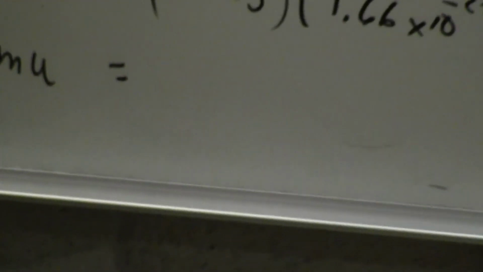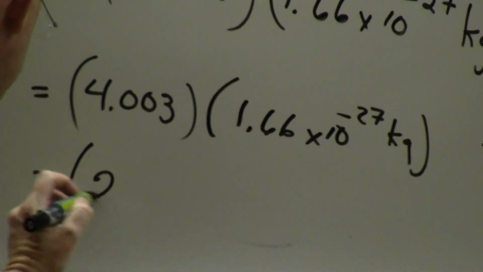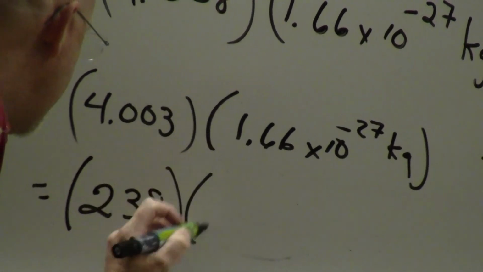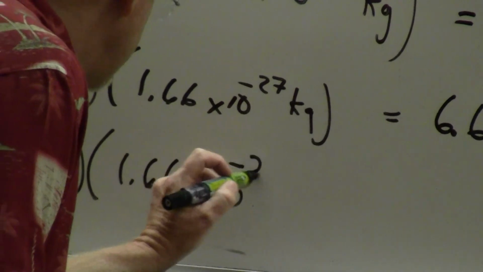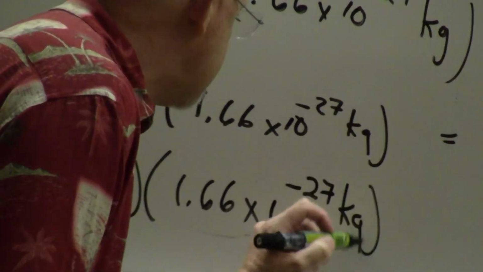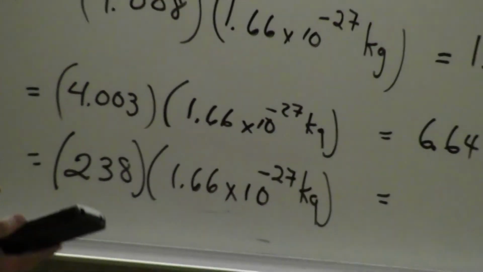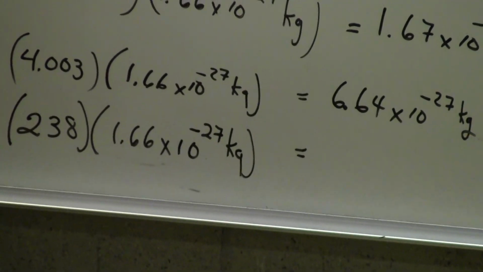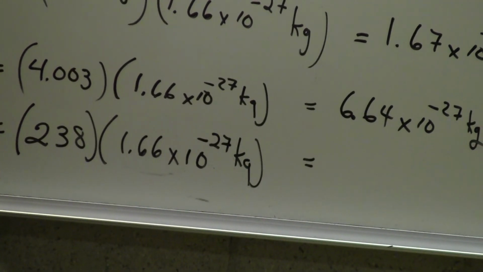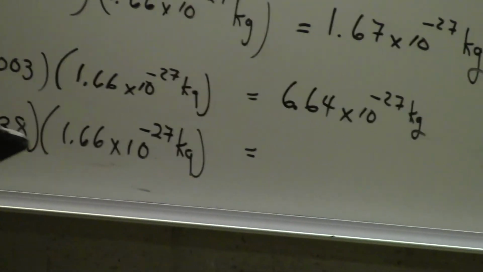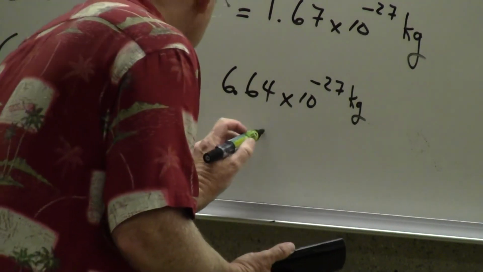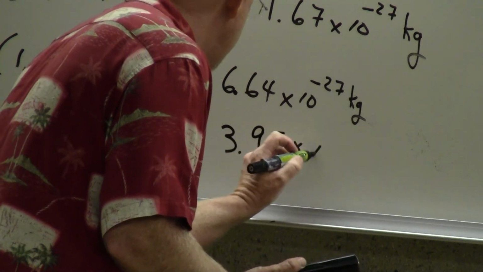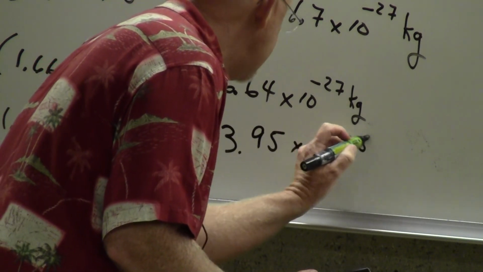And if I convert that into kilograms, that would be 238 times 1.66 times 10 to the negative 27 kilograms. Getting my calculator, 238 times 1.66 times 10 to the negative 27, coming up to be 3.95 times 10 to the negative 25.